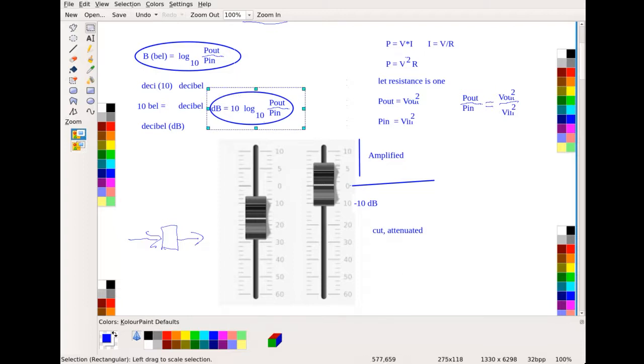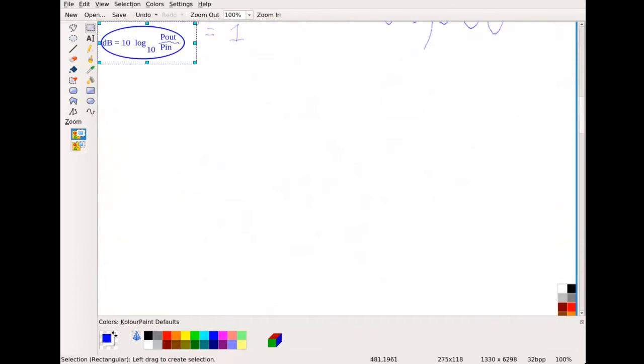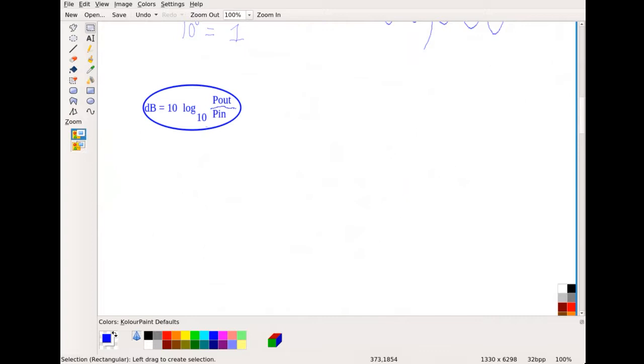Now, if we go to the next page, 962, he talks about a millidecibel. We take this equation here, this is my decibel equation.